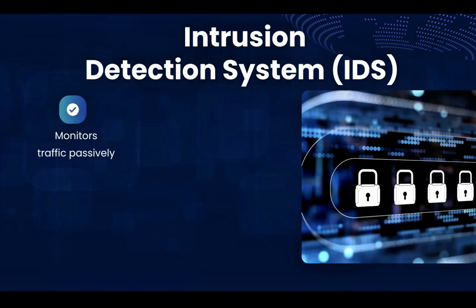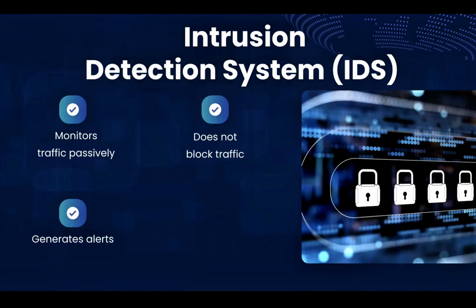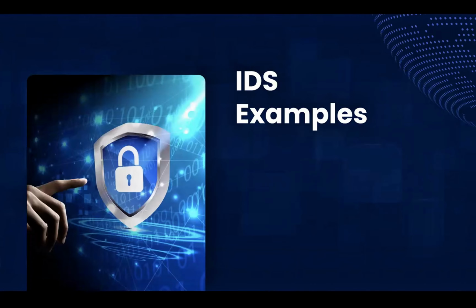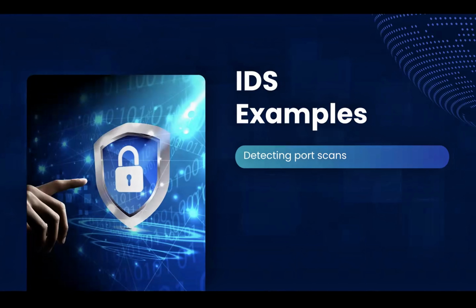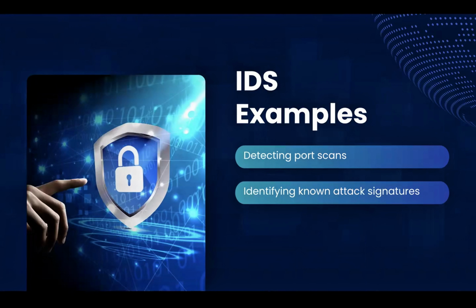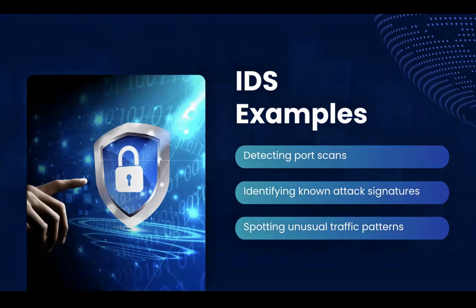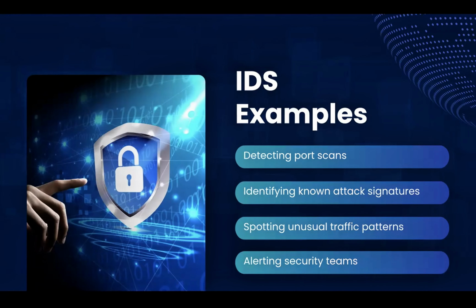It monitors traffic passively, it does not block traffic, it generates alerts, and it is used for visibility and investigation. Let's consider IDS examples. IDS helps identify early attack signs, and here are some examples: detecting port scans, identifying known attack signatures, spotting unusual traffic patterns, and alerting security teams when something goes wrong.